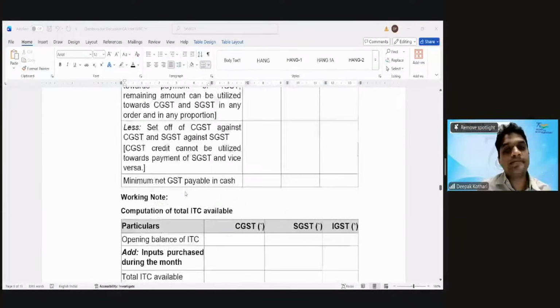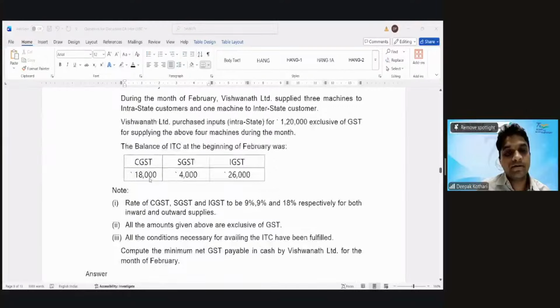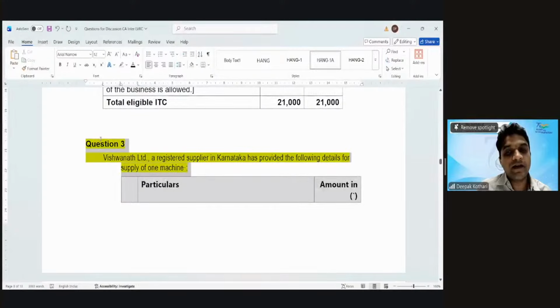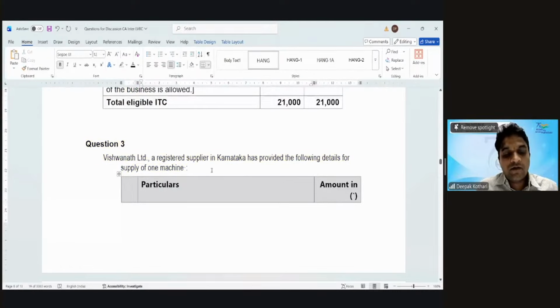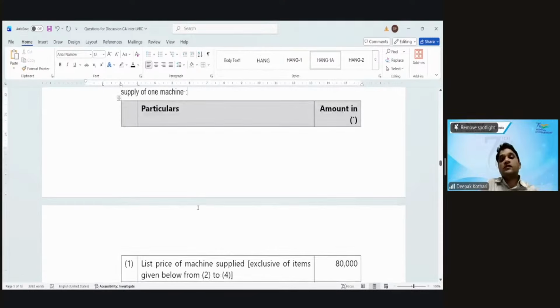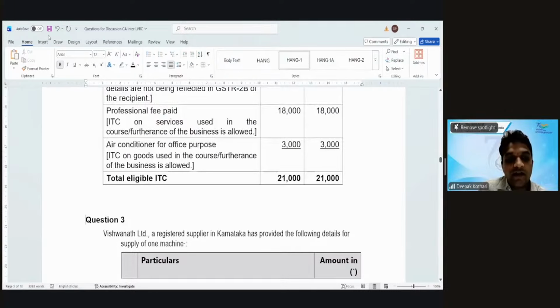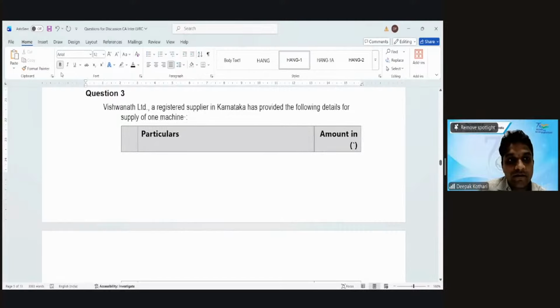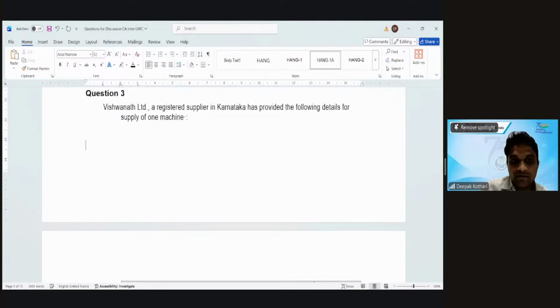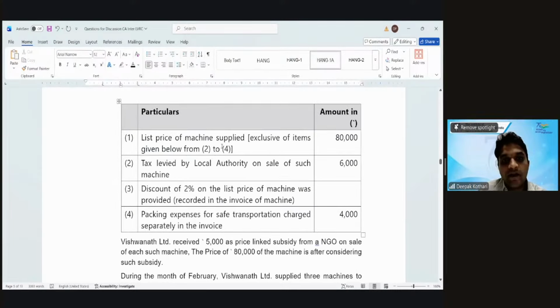Okay, question number 3. Vishwanath, a registered supplier in Karnataka, has provided the following details for supply of one machine. List price of the machine supplied, which is exclusive of items given below, is 80,000 rupees.